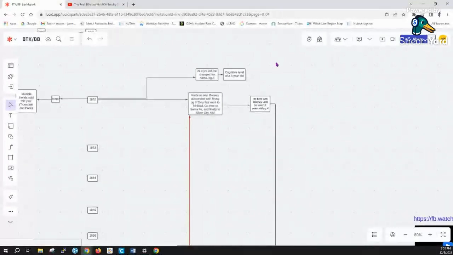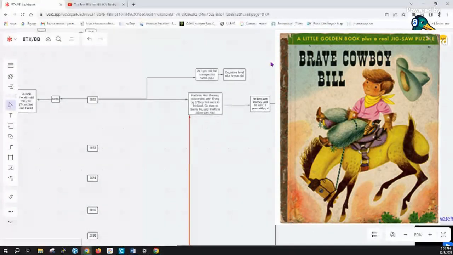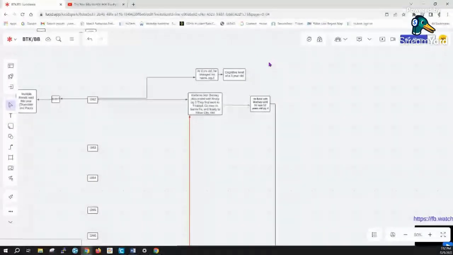And it was very impressive because I don't know if it was a misprint on Sonnichsen's part or if this was accurate, but in the book it says that he had changed his name, meaning Brushy, at the age of 3. I don't know what 3-year-old would have that cognitive level. So you're either talking about like a Bobby Fischer type of person or like a Sheldon Cooper fictional world.